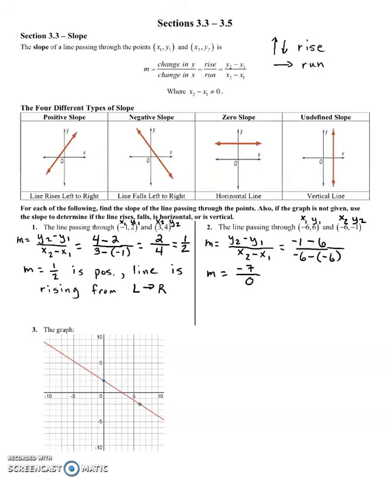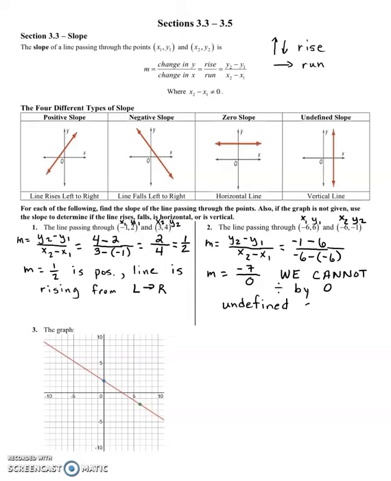Now, hopefully everybody remembers, and this is very important, we cannot ever divide by 0. So if there's a 0 in the denominator, that number is what we call undefined. So in this case, we have an undefined slope, which means that we have a vertical line.